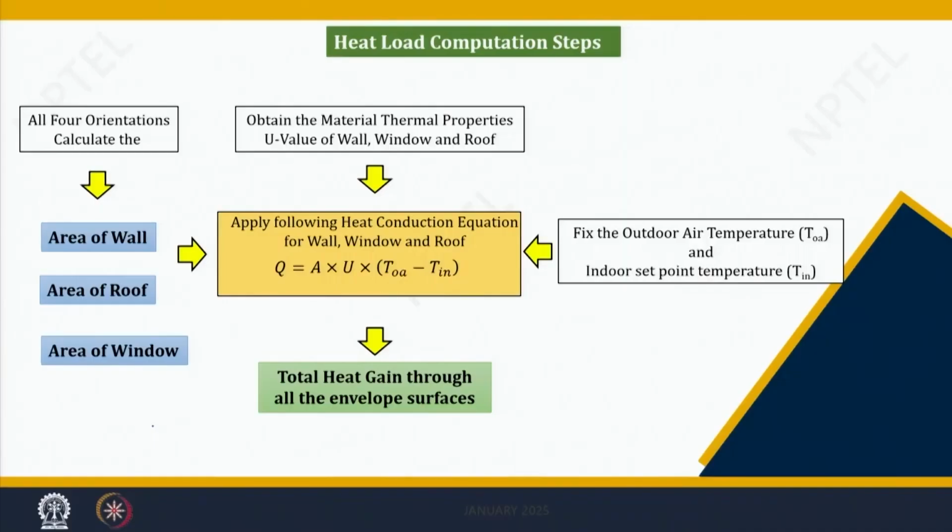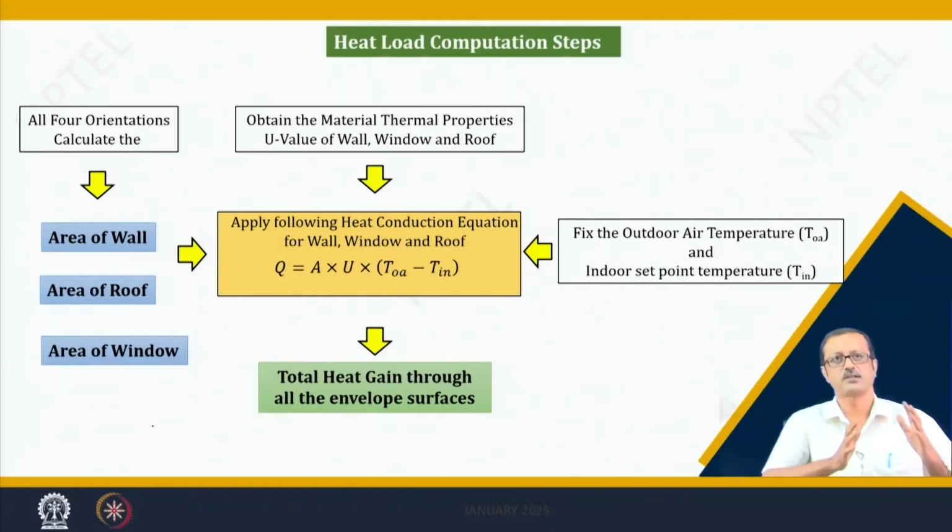First of all, we will start with a flow chart. In the very basic or preliminary type of heat load computation, what we are going to require is the area of the surfaces or the envelope.